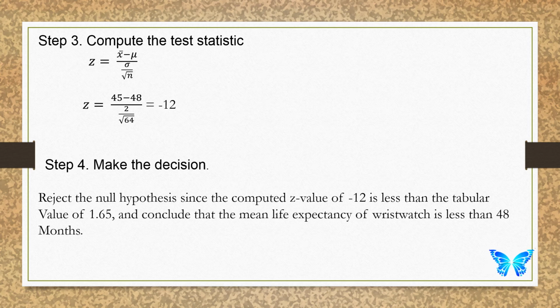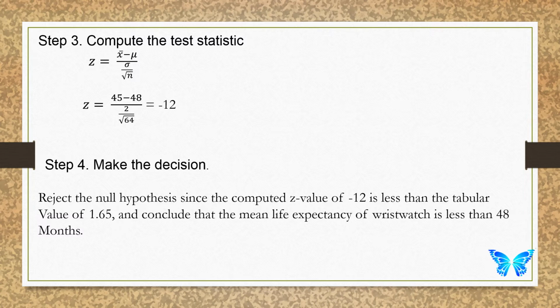Okay, so we, of course, reject the null hypothesis since the computed z value of negative 12 from step number 3 is less than the tabular value of 1.65.